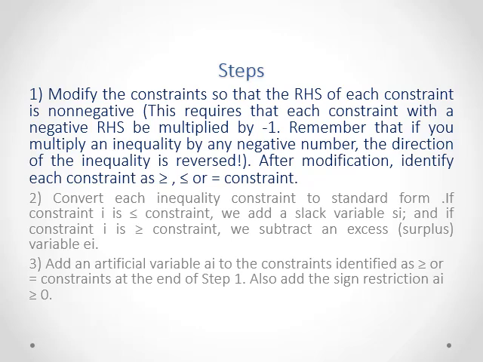You need to modify the constraint so that the RHS, right hand side of each constraint, must be non-negative. In order to reverse the constraint from type less or equal into type more or equal, we need to multiply this inequality by negative 1.